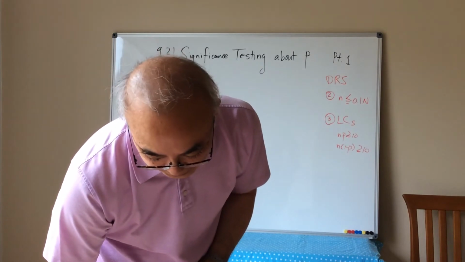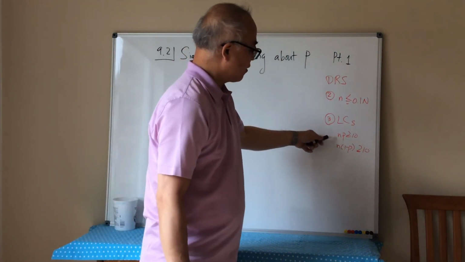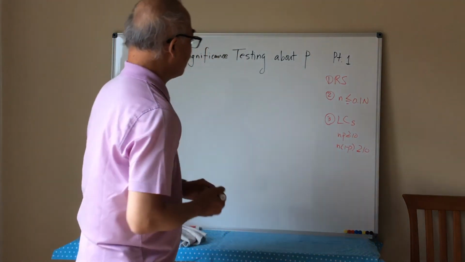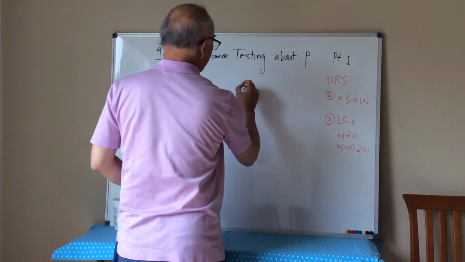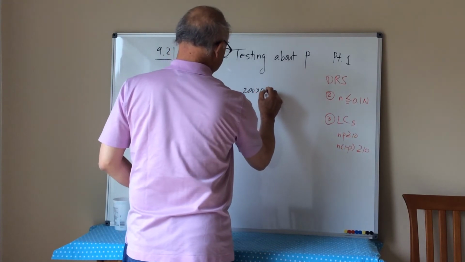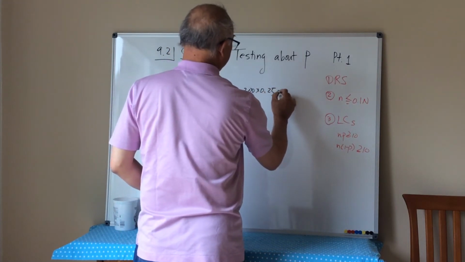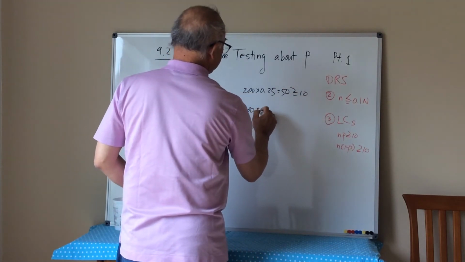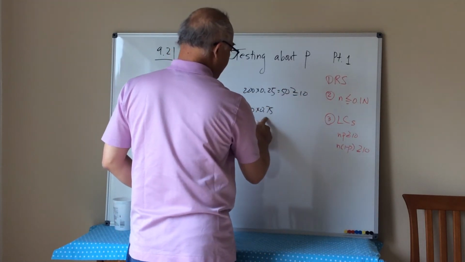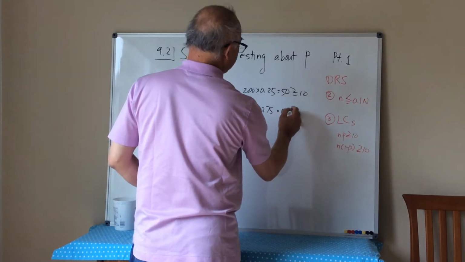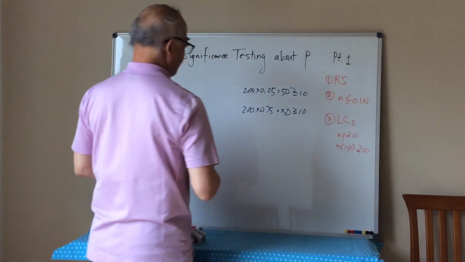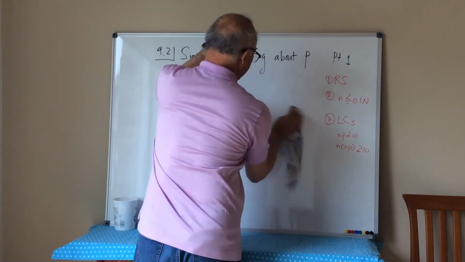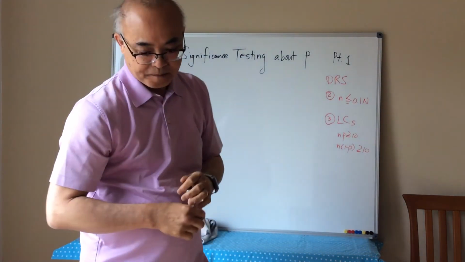And then the p was 0.25, so this would be 200 times 0.25, which is 50, so this is greater than or equal to 10. And n times 1 minus p, 200 times 0.75, is equal to 150, so that also is greater than 10. So yes, all the conditions have been met, so we're satisfied with that.